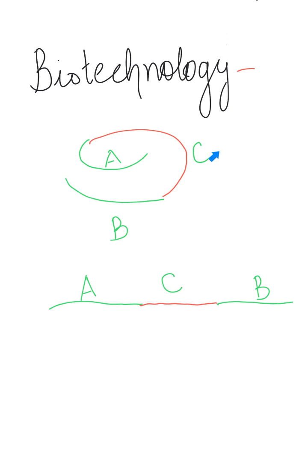The role of this C chain or linker is to bring A and B closer so that between these sulfur containing amino acids of A and B, a disulfide bond can be formed.